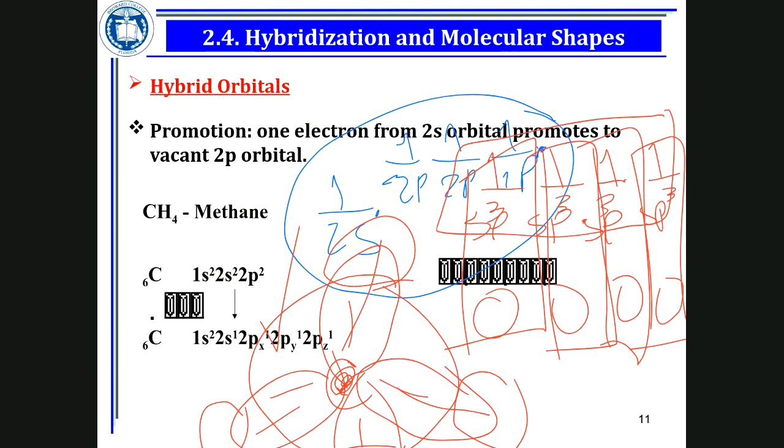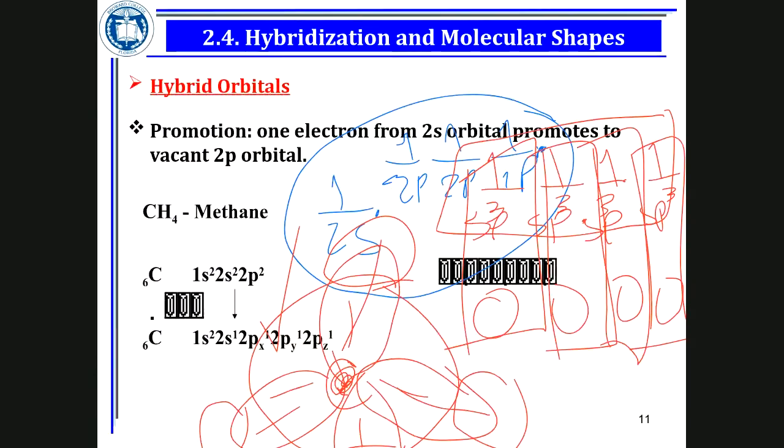What happens if you have 3 of them? Maximum space from each other is going to look like this. Do you see that? It looks like a triangle. It's planar, so it's called trigonal planar.